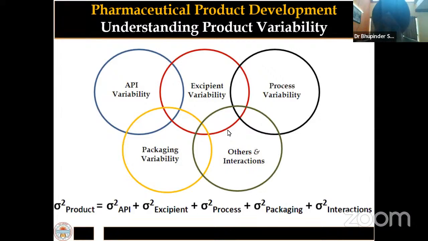So many possible permutations and combinations of the interactions happening between two or more variables, simply called interactions. The sum total of the product variability is the variability due to API, excipients, processes, packaging, and the interactions. Most important, it is the interactions.